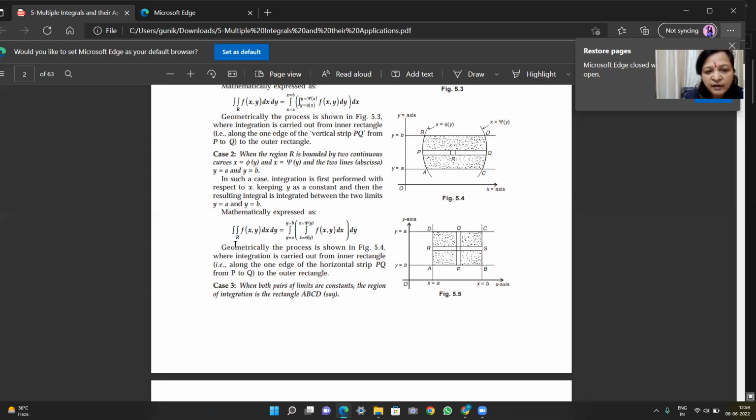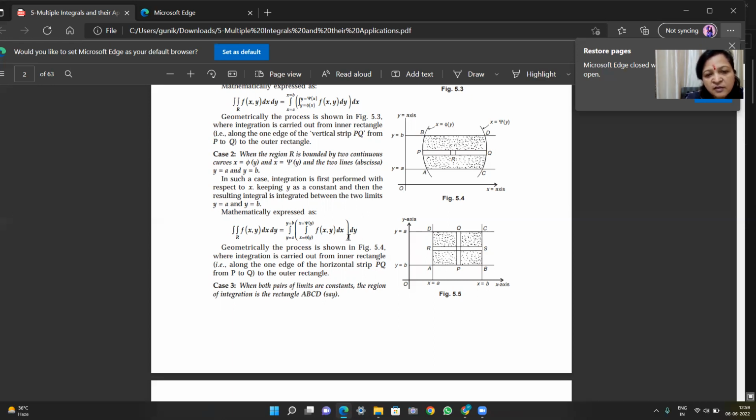So mathematically, we can write it as the integral over R of f(x,y) dx dy. If we are taking the two-dimensional case, then the elementary area dA will be dx into dy, and here the limit will be y equal to a to b, and x varies from x equal to phi y to x equal to psi y, f(x,y) dx dy.